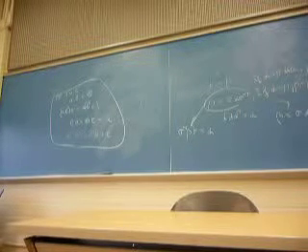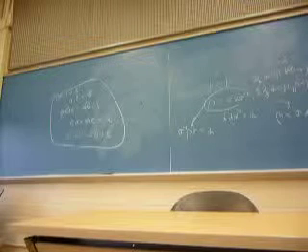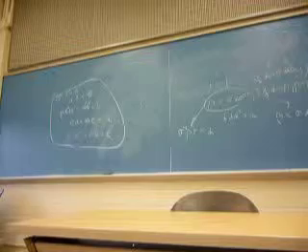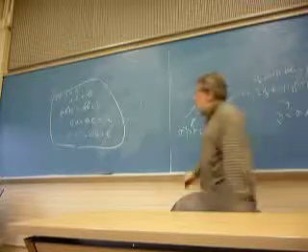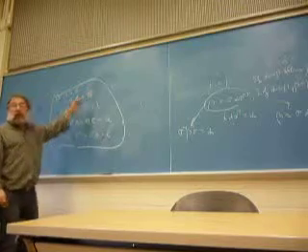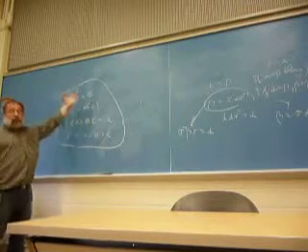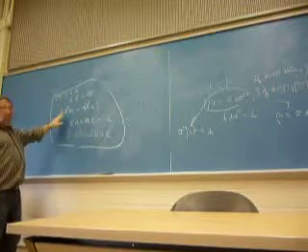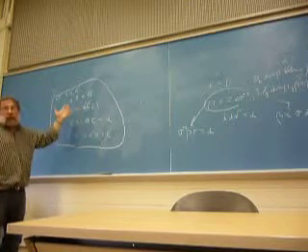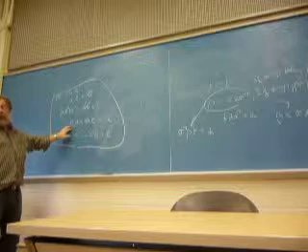So I have a set S, and I have all bijections from S to S. Of course, composition of two bijections, as we know, is a bijection. So we have closure. Composition of any functions, bijection included, is associative. No problem. There is identity.